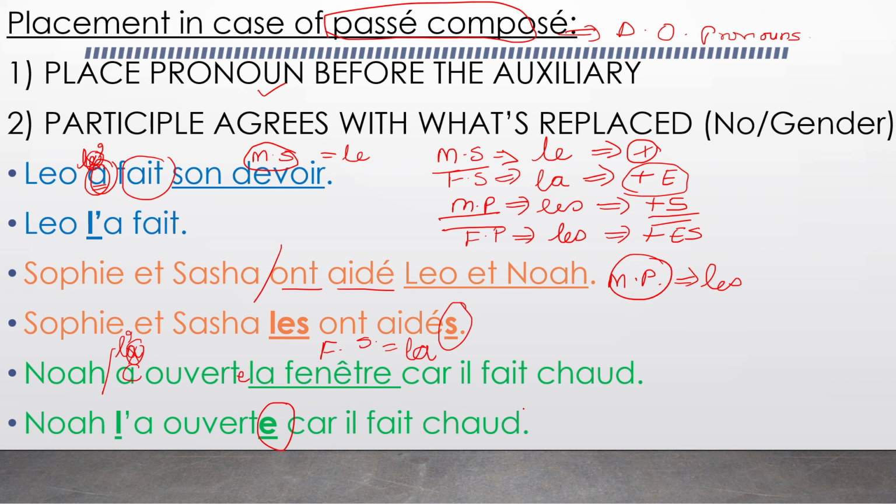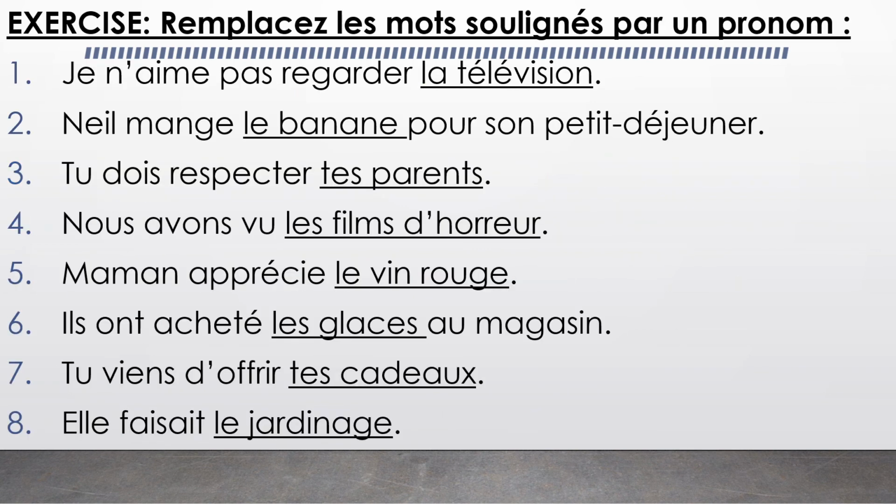Okay, so these are the three rules that we've done. Let's quickly go through them. When you have a single verb, you have to place your direct object before the verb. Okay, when you have one conjugated and one full verb, you have to place your direct object before the full verb.